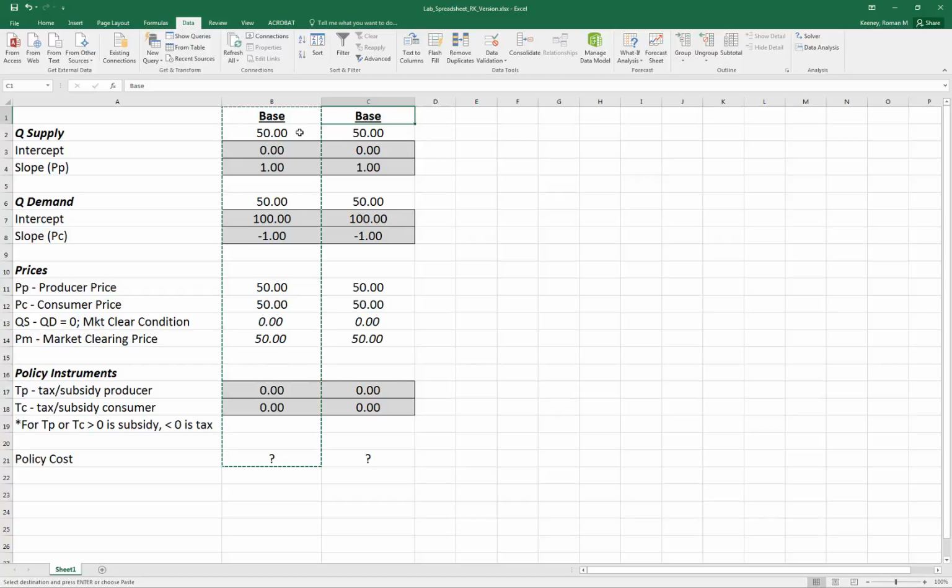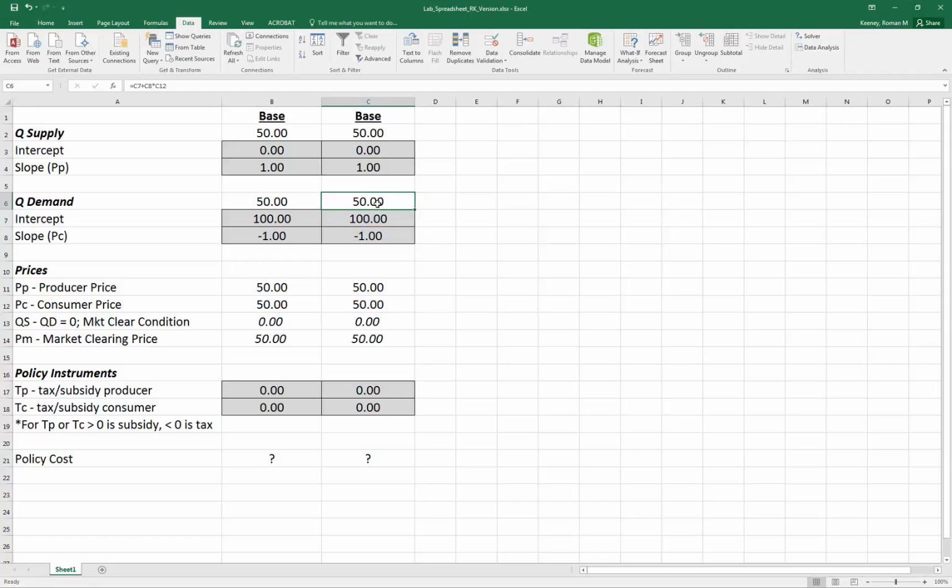What it does is copy any values that are typed over, but it also copies the formulas in a relative fashion. So this formula shifted all those formulas that said B7, B8, and now they say C7 and C8. So it knows how to copy those over.